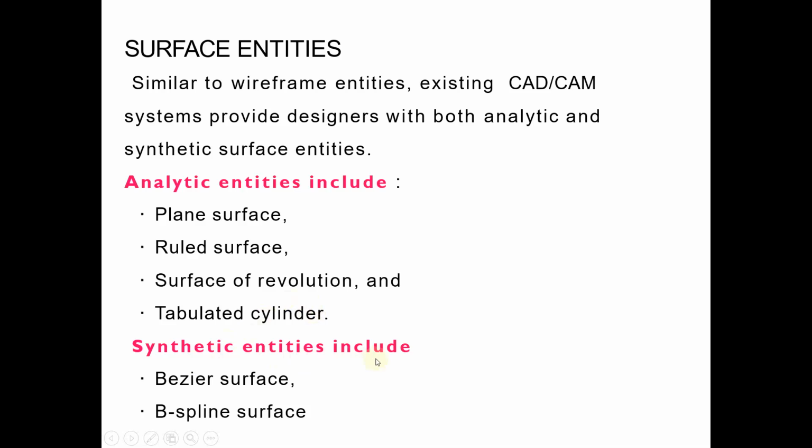And synthetic entities include a Bezier surface, which is actually a curved surface, and B-spline surface. So we'll be studying all this in detail in our coming modules. Just understand for the time being that such entities can be made use of in surface modeling.